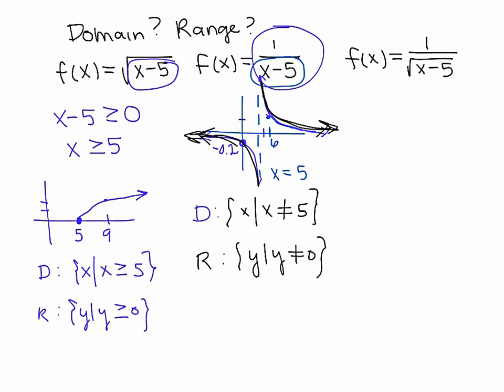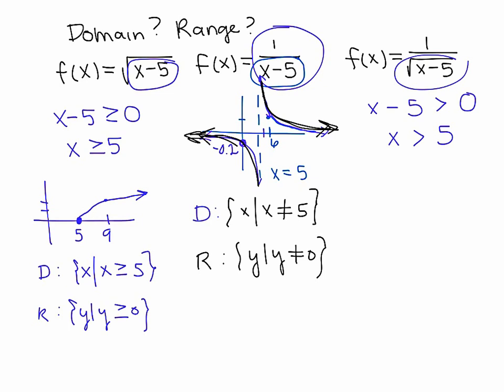Alright, lastly, we have f of x is equal to 1 over the square root of x minus 5. We know the denominator cannot be 0. If so, then it's undefined. So x minus 5 must be greater than, but not equal to, 0. So that means x is greater than 5. So let's try to graph this and see what it looks like.